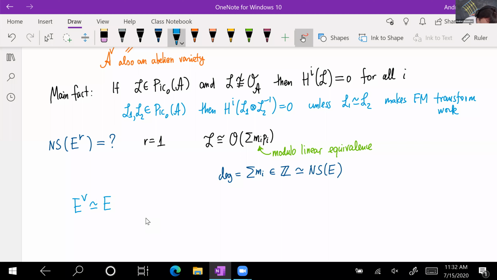So the universal line bundle, in general, sits over A cross A dual. This is universal, it's called the Poincaré bundle.